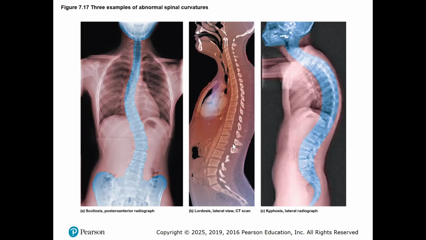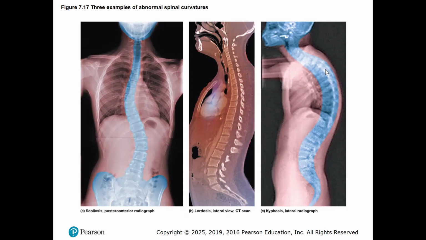Here you see, and also known as sway back. It's where you have this exaggerated lumbar curvature here of the vertebrae, oftentimes seen in pregnant women or overweight people, where it is caused by that extra weight here in the abdominal cavity that pulls on those lumbar vertebrae.